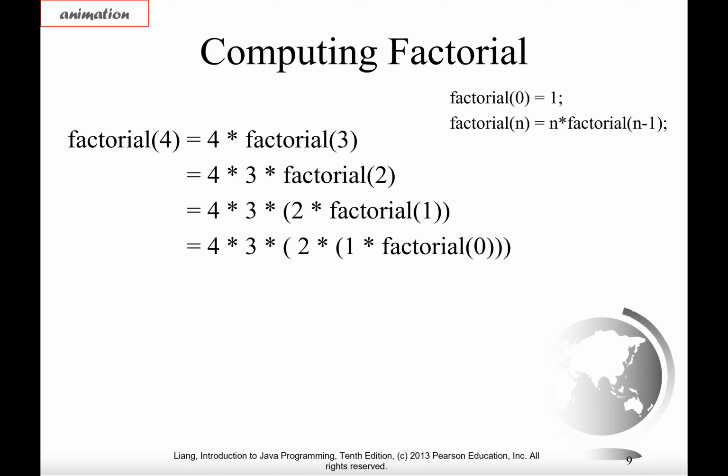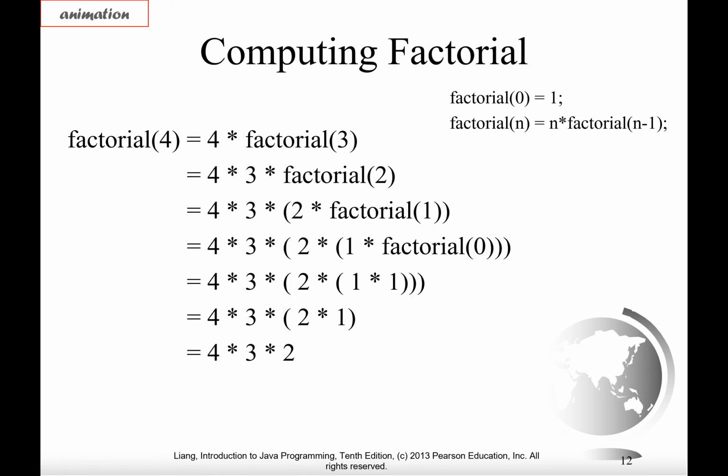And then that'll be 4 times 3 times 2 times 1 times the factorial of 0. So basically what that nets down to is the factorial of 0 was 1. We multiply that by 1, so we get 1. Then we take 2 times 1, and multiply that by 3. We get 6. And then we finally take 6 times 4, which gives us 24.